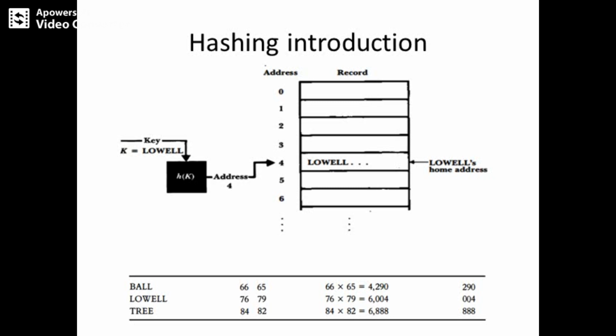You will get a result. Take that result, and its last three digits will be considered as the home address of that particular key. Now you are going to save ball in the 290th position. You are going to save lowell in the 004 position. Like that you are going to save the key at its home address.